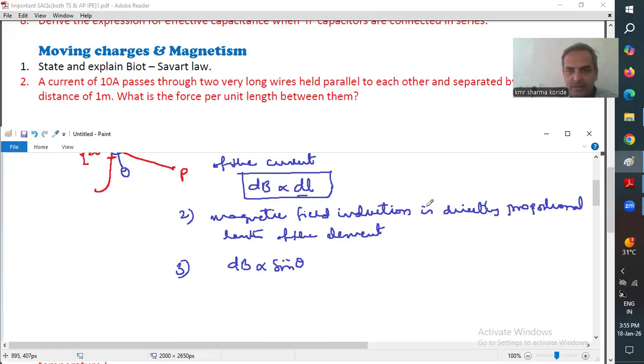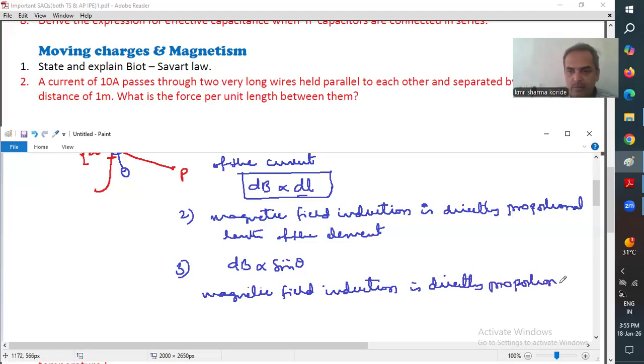magnetic field induction is directly proportional to the sine of the angle between the position vector and the element.